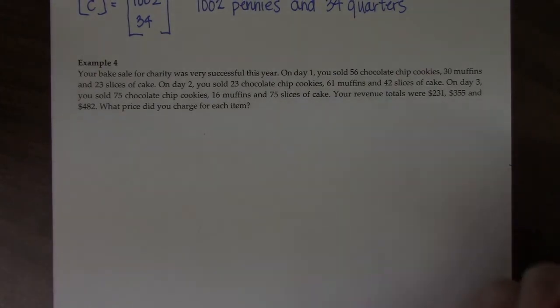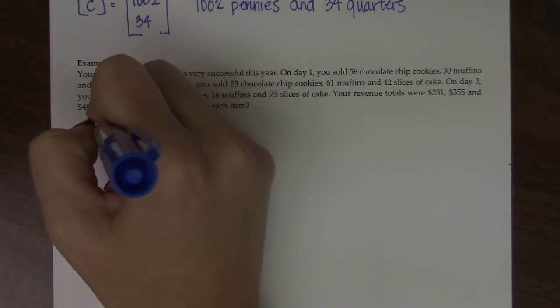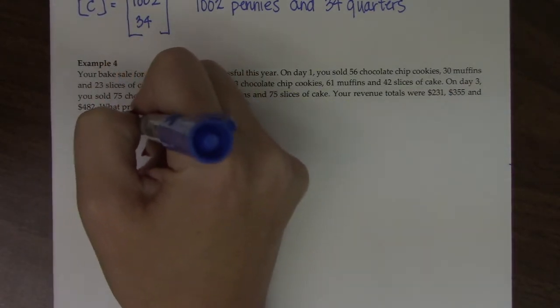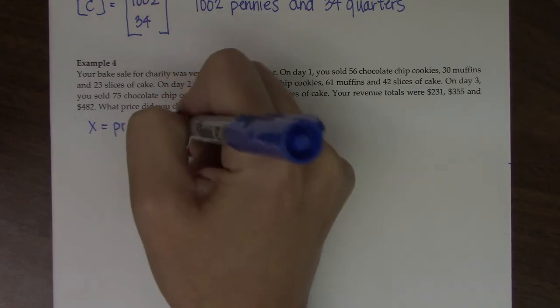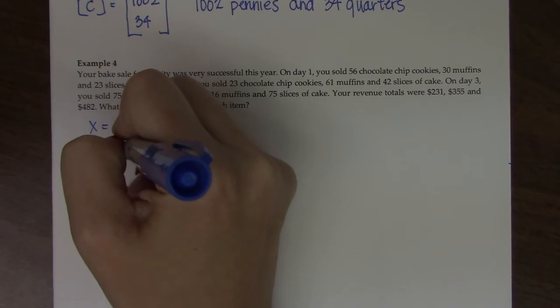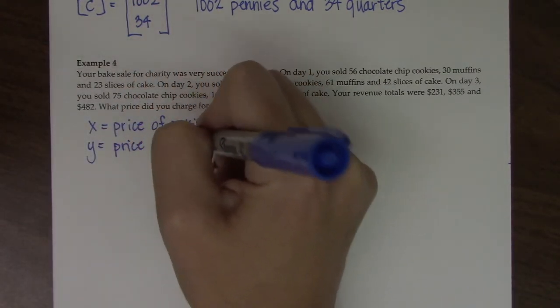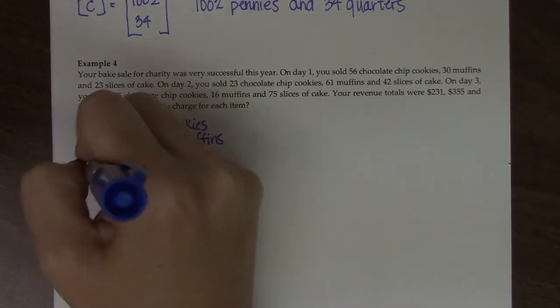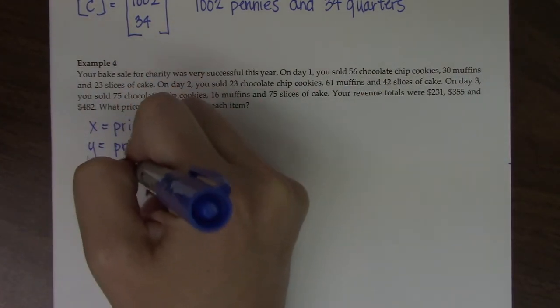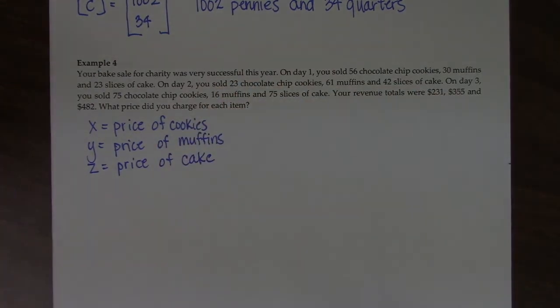So we've got to assign variables. We're going to let X be the price of the cookies, Y is the price of the muffins, and Z is the price of the cake.